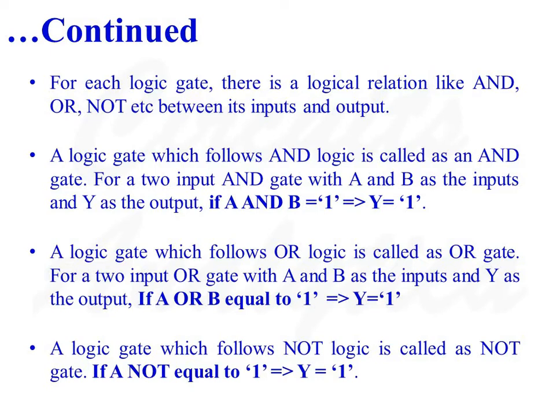A logic gate which follows NOT logic is called a NOT gate. If A is not equal to 1, then Y is equal to 1, else Y is equal to 0.